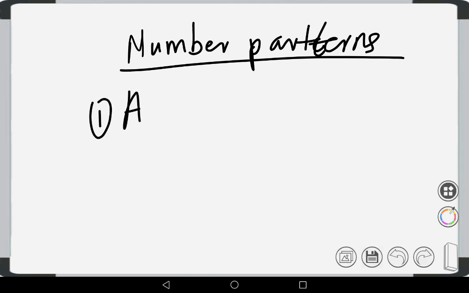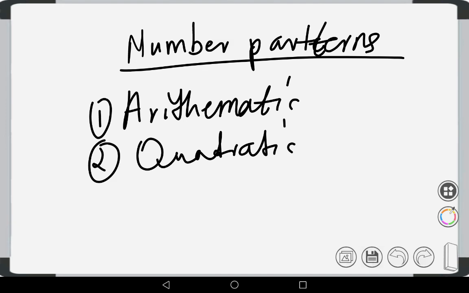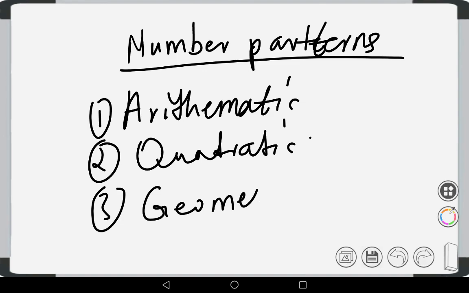The first one is arithmetic, the second one is quadratic, and the third one is geometric sequences. So I'm going to start with the arithmetic sequences.